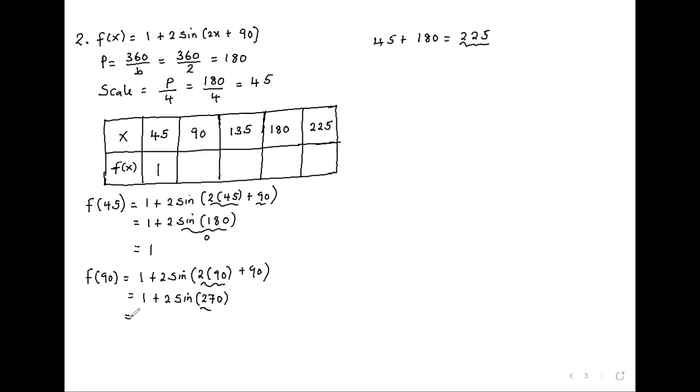Sine 270 is -1. So we have 1 plus 2 by -1, which is equal to -1. So this is -1.